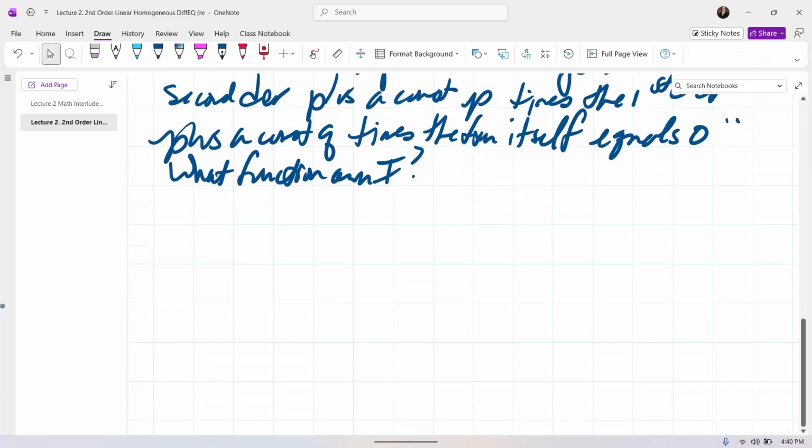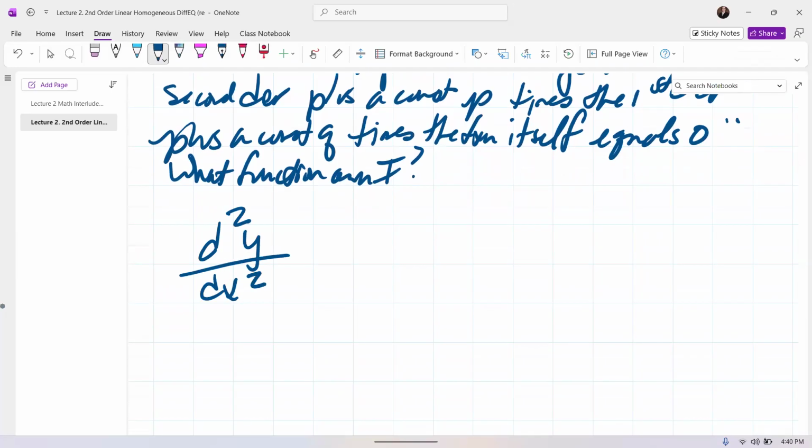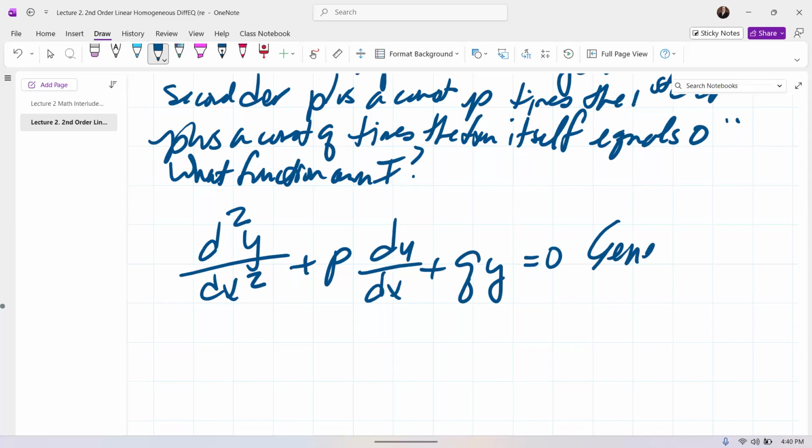So we should have a look at what one looks like. d squared y over dx squared plus p dy dx plus qy equals 0, this is the general form. Okay, let's just pause for a sec and see if we can identify the various pieces here. Is it a differential equation? That one's easy. Yes, because I can see that I have some derivatives here.